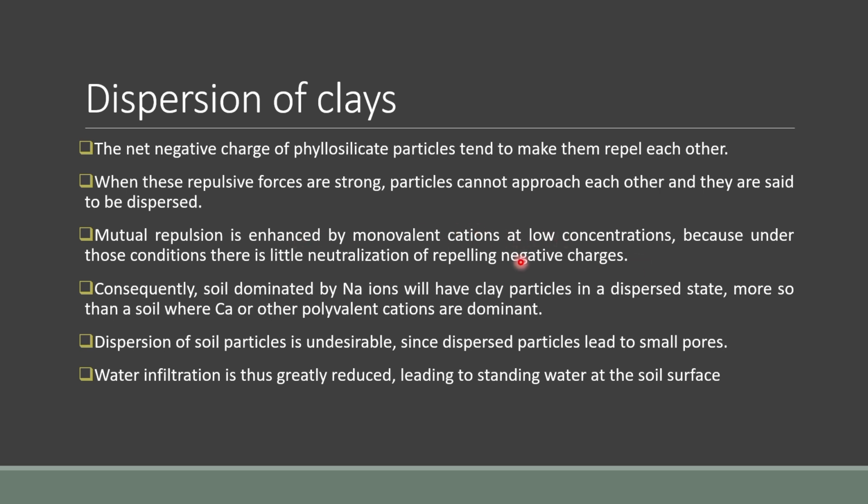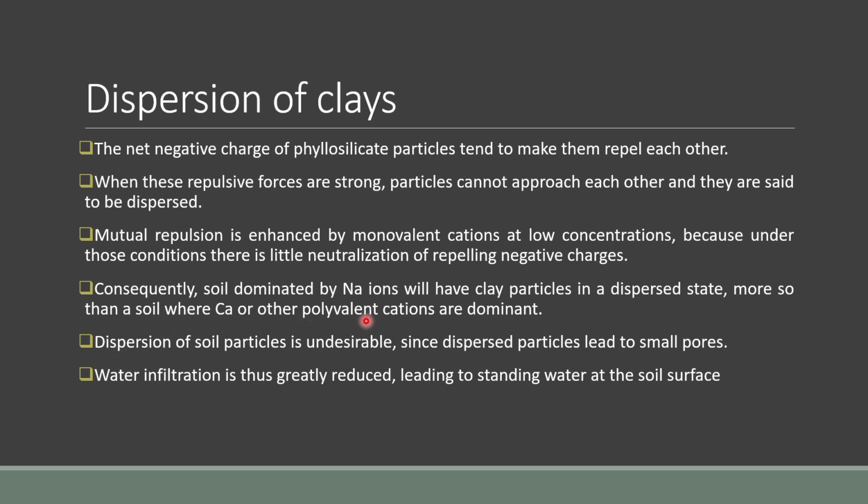When they are present in low concentration, they will not neutralize this negative charge. So the repulsion can be enhanced by the presence of monovalent cations. Consequently, a soil dominated by sodium ions will have clay particles in a dispersed state more so than a soil where calcium or other polyvalent cations are dominant. So sodium will cause dispersion, calcium will cause flocculation.